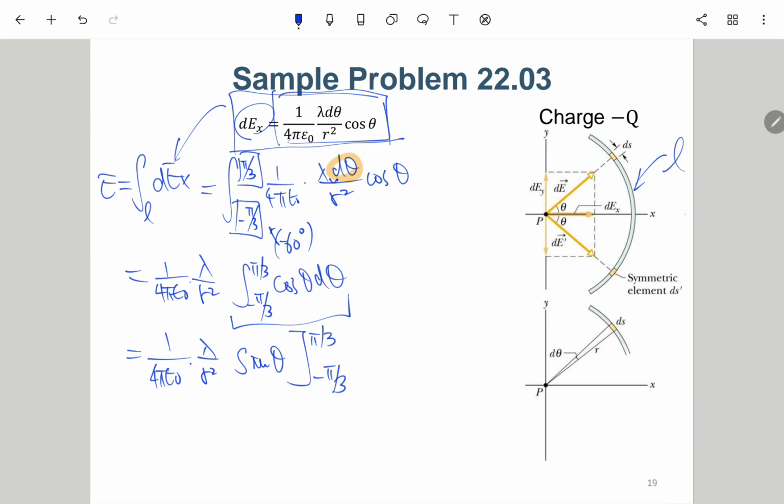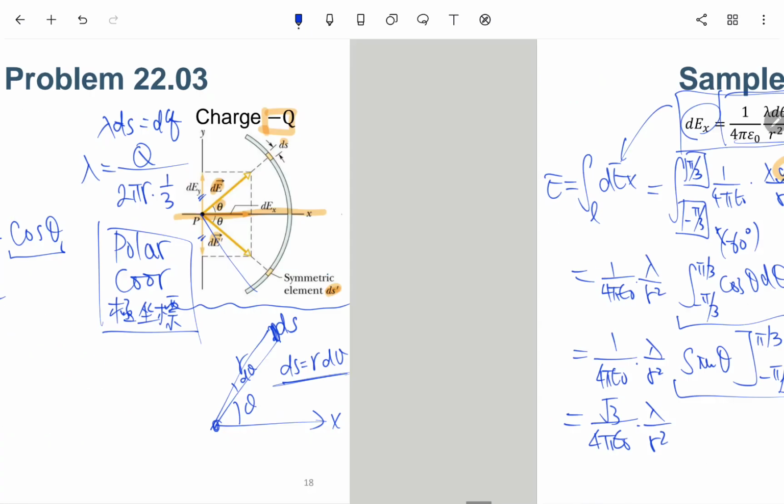Sine of 60 degrees is square root of 3 over 2, and sine of negative 60 degrees is negative square root of 3 over 2. So this thing becomes a square root of 3, right? So it turns out to be square root of 3 over 4 pi epsilon naught times lambda over r squared.